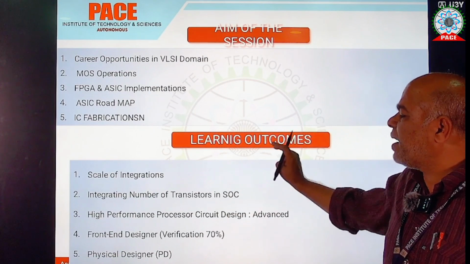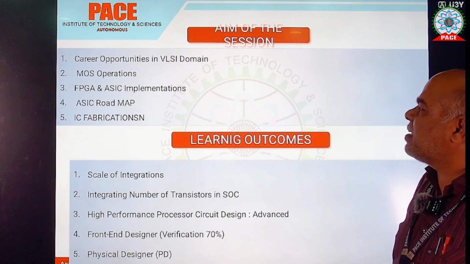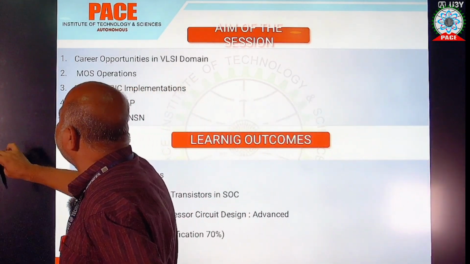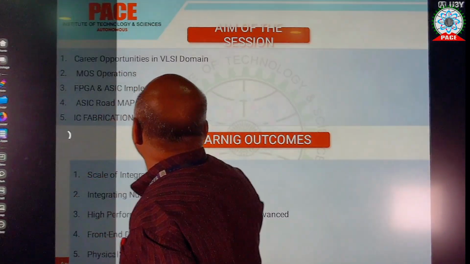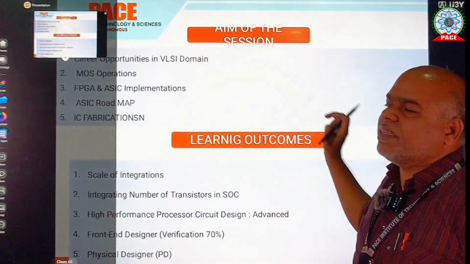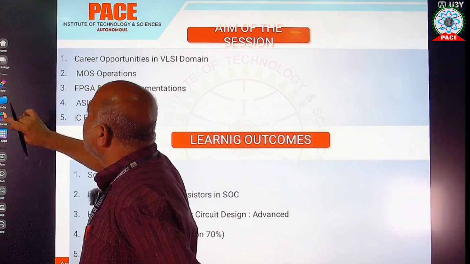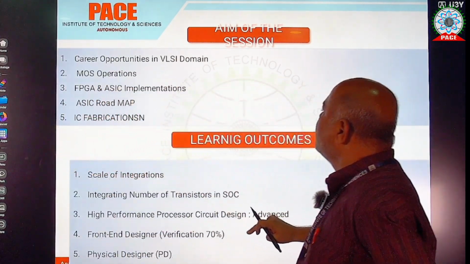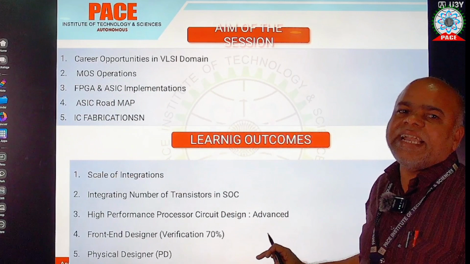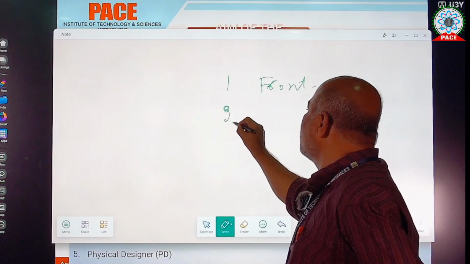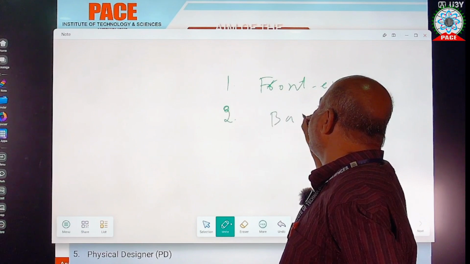That is possible only by VLSI. In VLSI, actually, I will classify it into two types. One is front end and the second is back end.